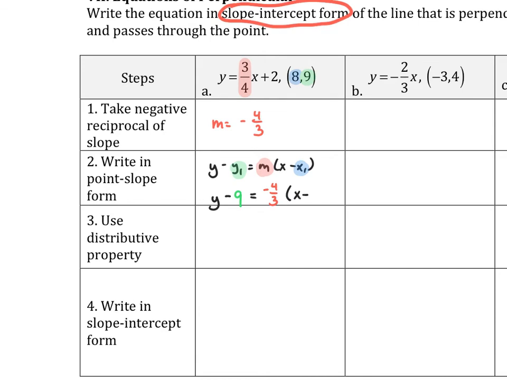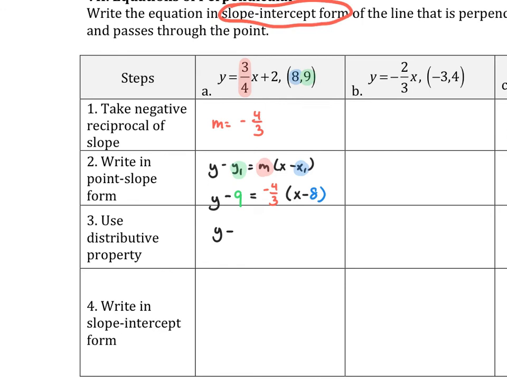And x minus 8. Now, if the question up here said write it in point slope form, we're done. No more to do.